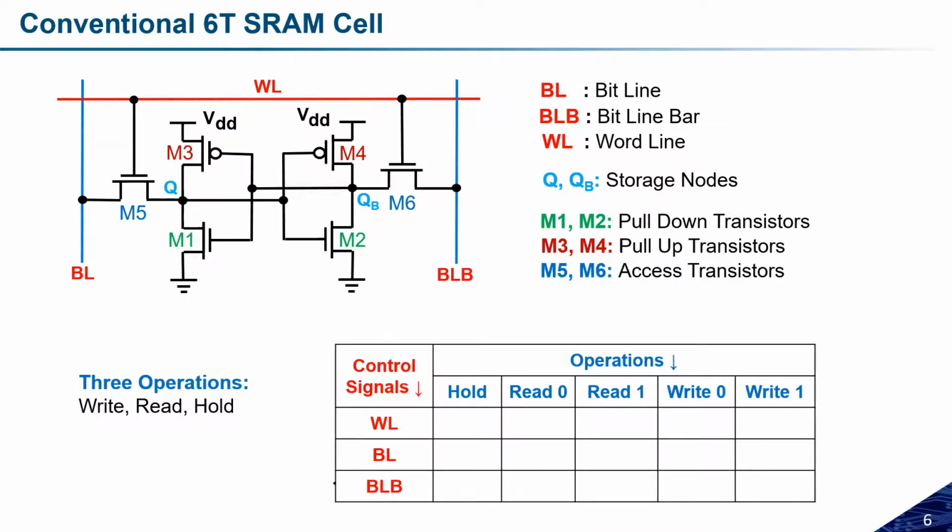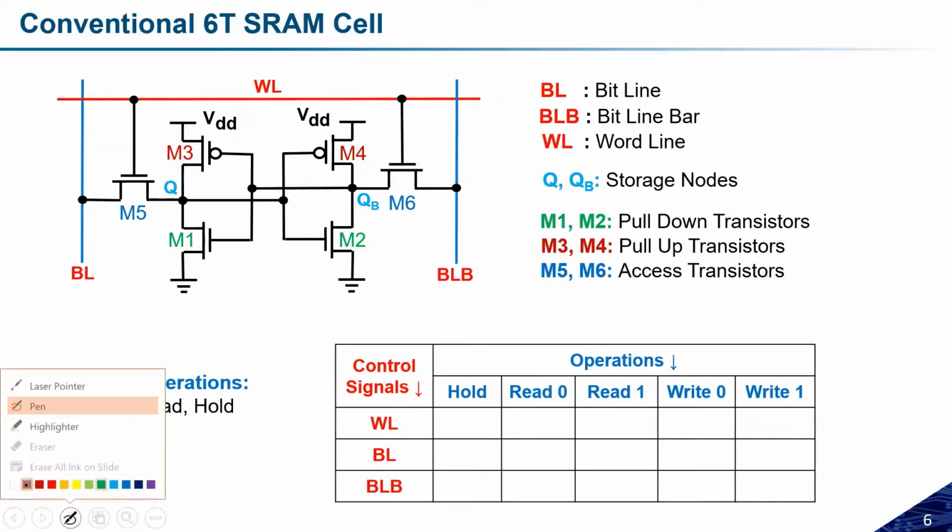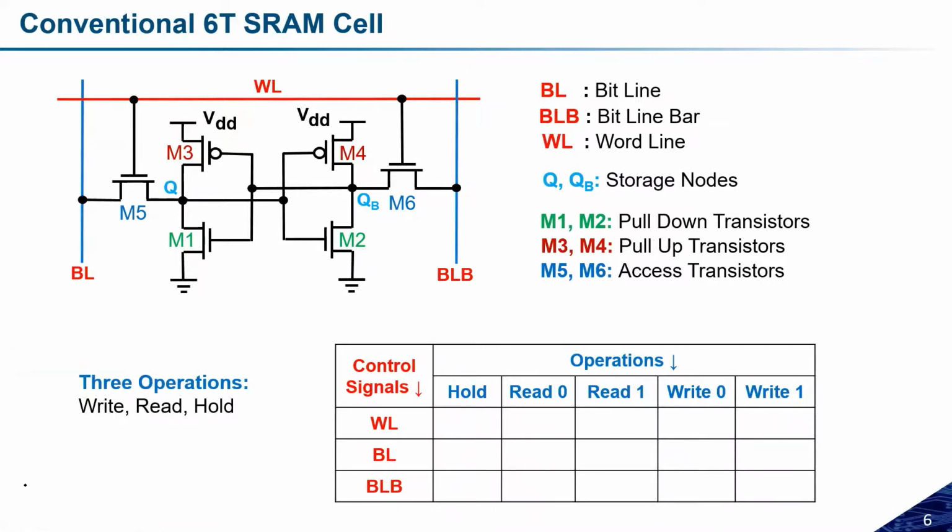Now let us discuss one by one for the different operations what the control signal status should be. Suppose initially I have this storage node Q equal to 0 and QB is 1. For example, Q and QB are 0 and 1 respectively. This is the data I have written.